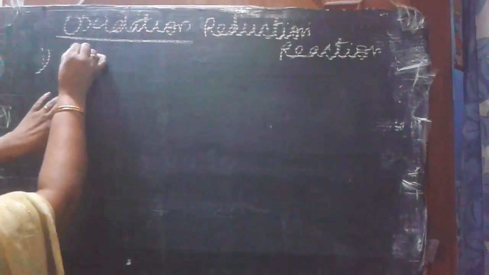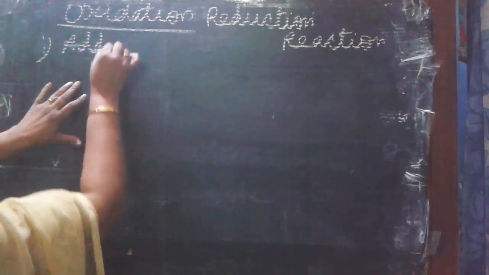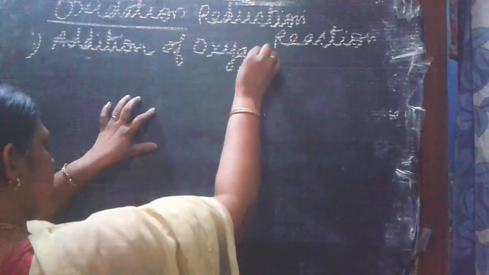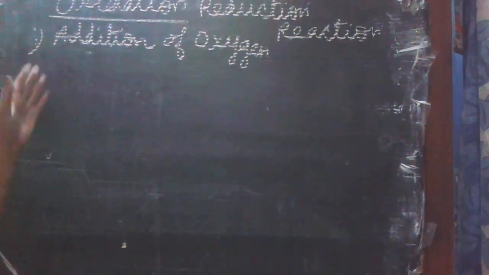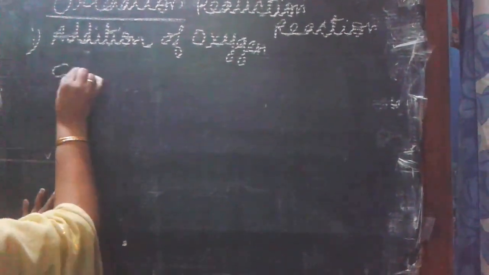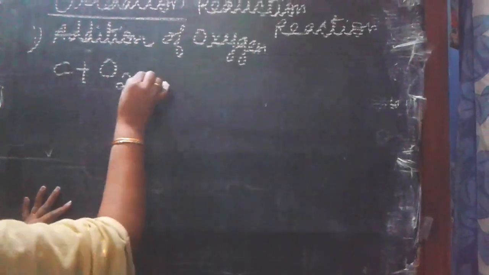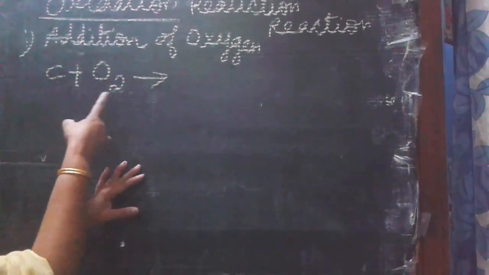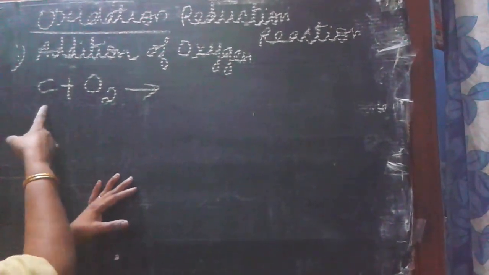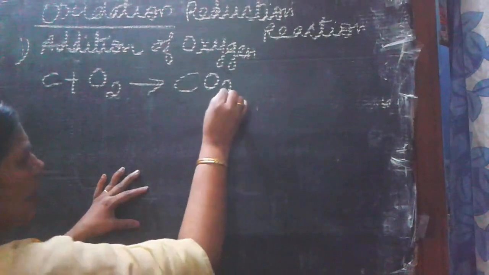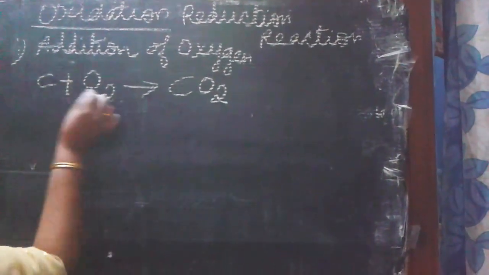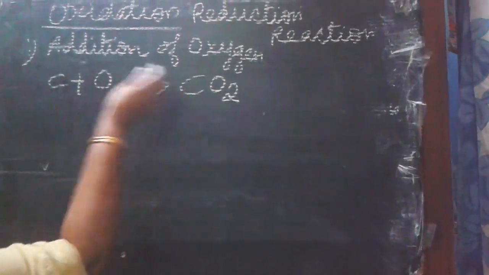The first one is addition of oxygen. For this, one example: carbon plus oxygen. Here oxygen acts as an oxidizing agent and supplies oxygen to carbon, and it forms carbon dioxide. Understood? So here oxygen is adding and forming carbon dioxide.